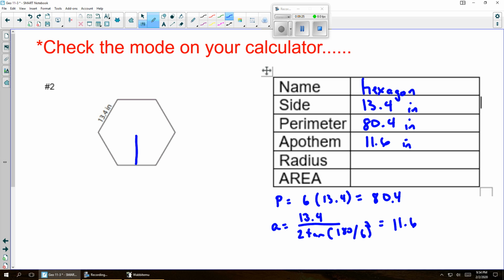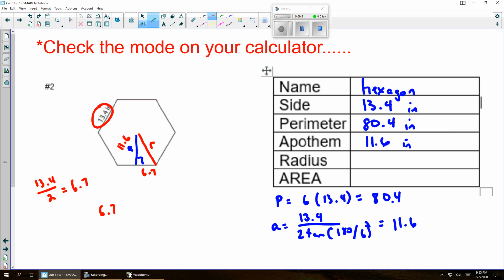There's the apothem. Draw it on your figure. The radius goes like this. And if this side is 13.4, then I could go in my calculator and go 13.4 divided by 2. That's going to be 6.7. So this is 6.7. The apothem was 11.6.